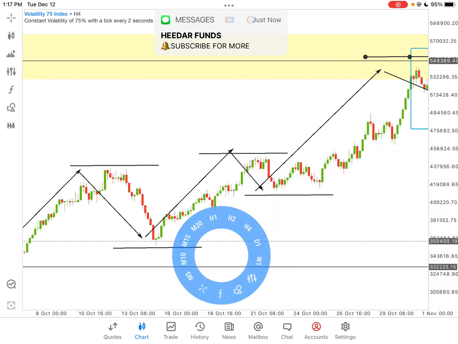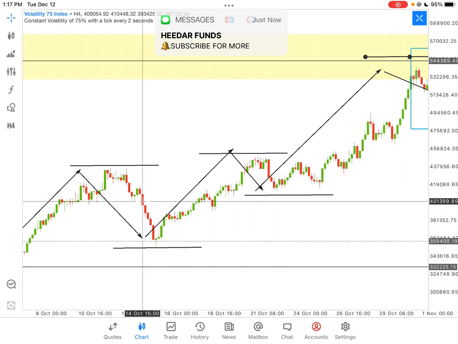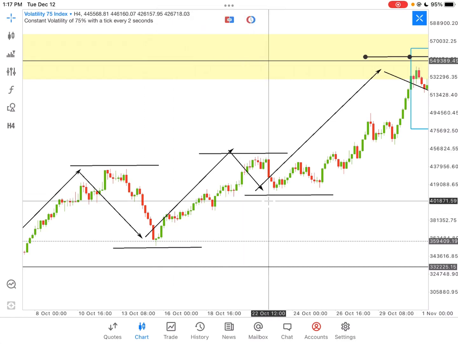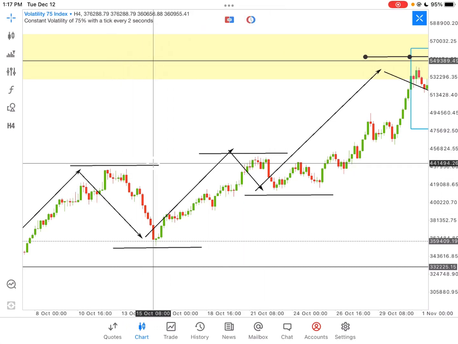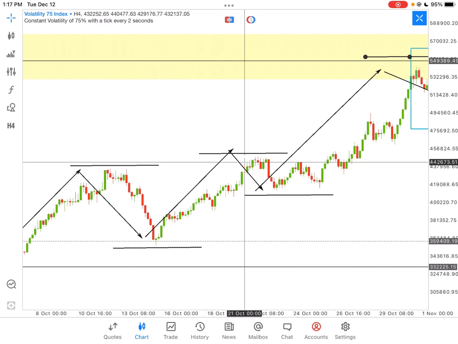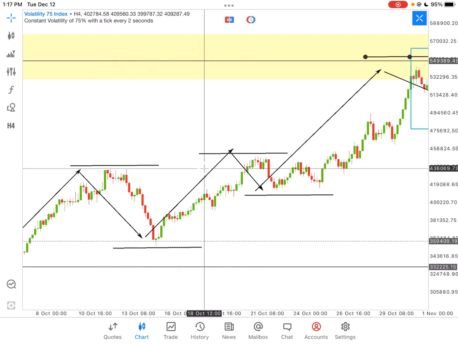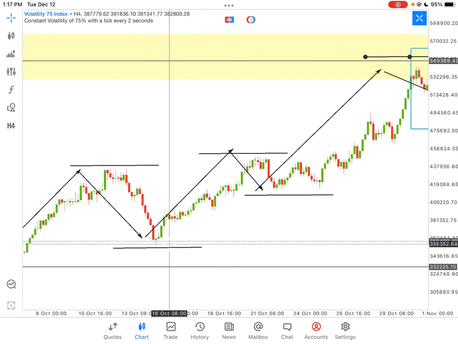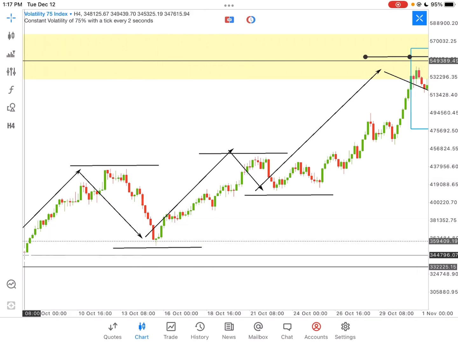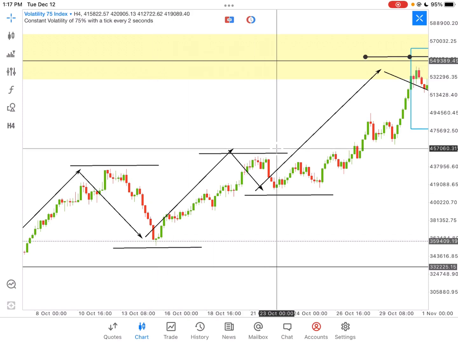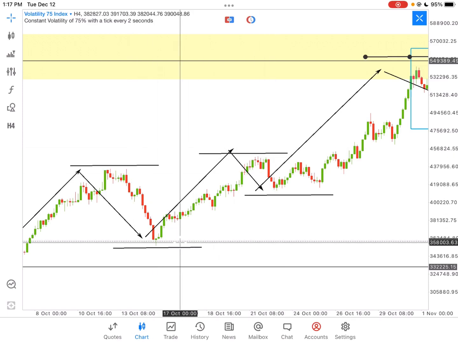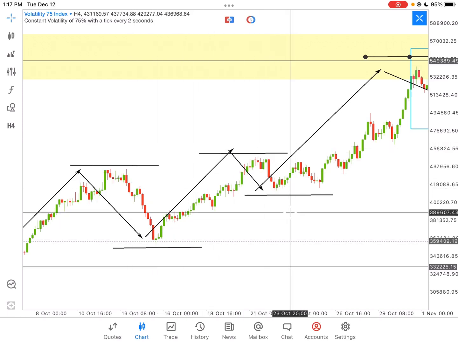Like I said, when we are buying, we don't want to see the lows being taken, right? We just want to see the highs being taken. As you can see, this high right here is higher than the previous high. Now we confirm we're in an uptrend. This low, we don't want to see this low taken by the previous low, right? Now we confirm we're in an uptrend. We have higher highs, higher lows, higher highs, higher lows.